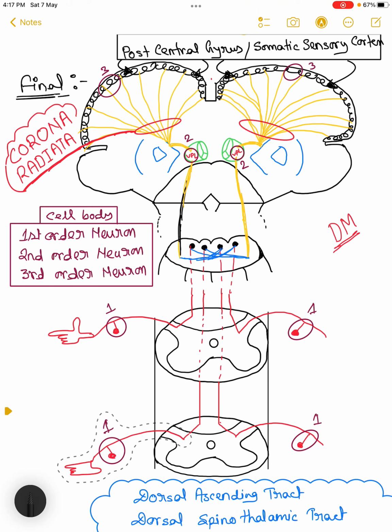We already discussed there was a dorsal root ganglion, right? If there is a ganglion, there are cell bodies. So this fiber, if it is starting from here, all this fiber up to their corresponding nucleus in the medulla, this whole fiber is known as the first order neuron.